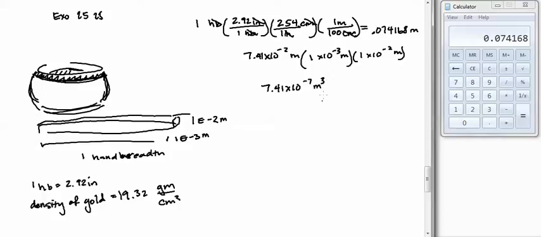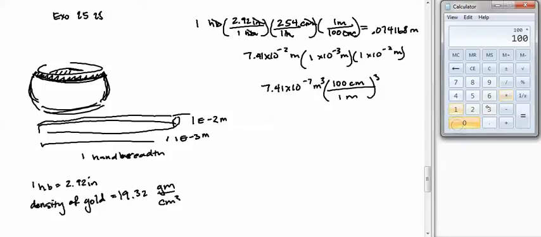Let's convert that to centimeters. So let's see, that would be 1 meter is equal to 100 centimeters, but I want to do 3 of them. So since I'm cubing this, I got to do 100 times 100 times 100. That's 1 million. I mean, 1 with 6 zeros. I could have told you that just by looking at this.